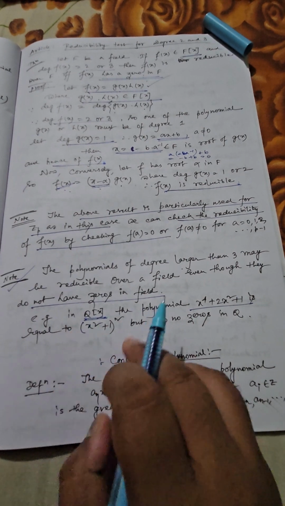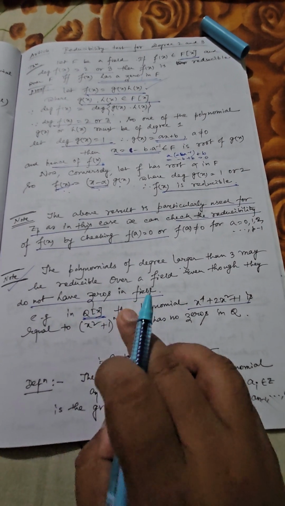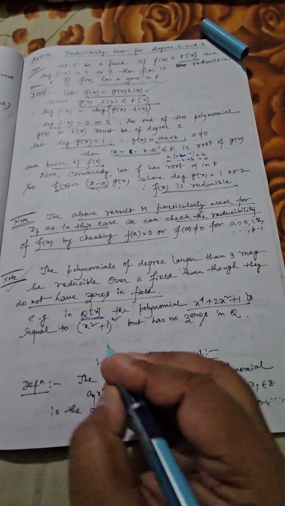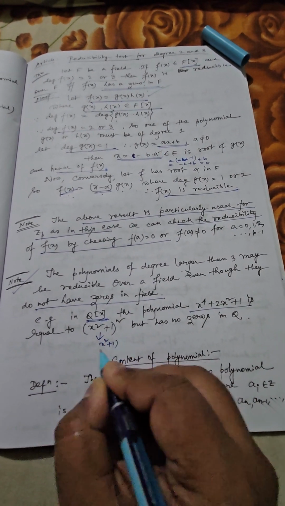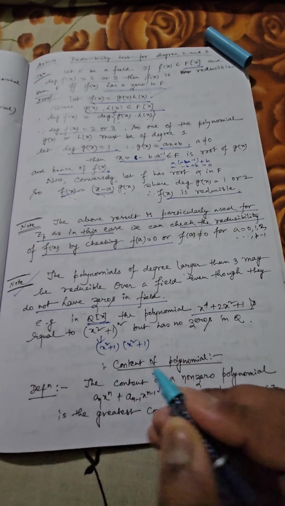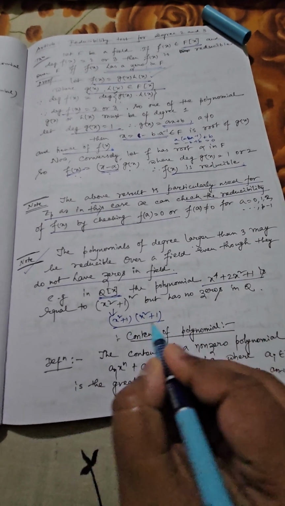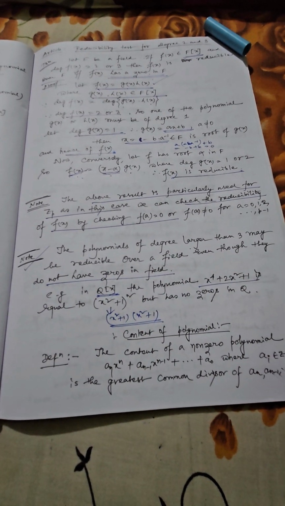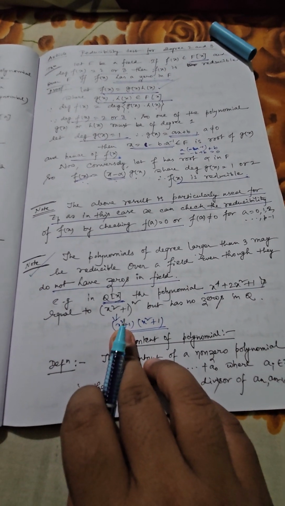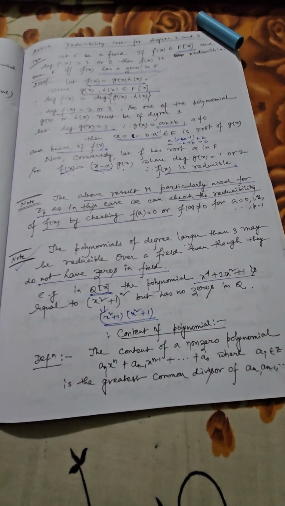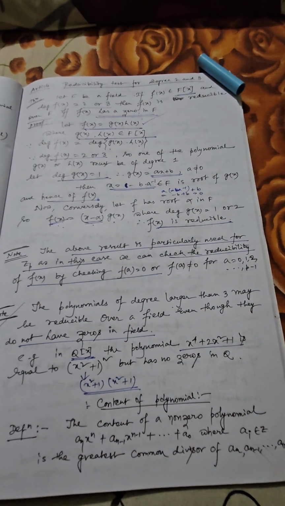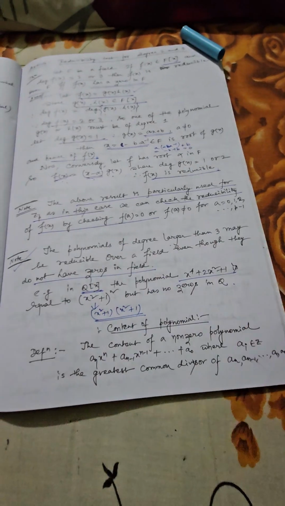Obviously you can see this can be written in the form of x square plus 1 into x square plus 1. That means you can factorize this one, but technically it does not contain any 0 in Q, because whenever you want to find the 0, it will give you plus minus i. So this result is specifically valid for any polynomial whose degree is either 2 or 3.